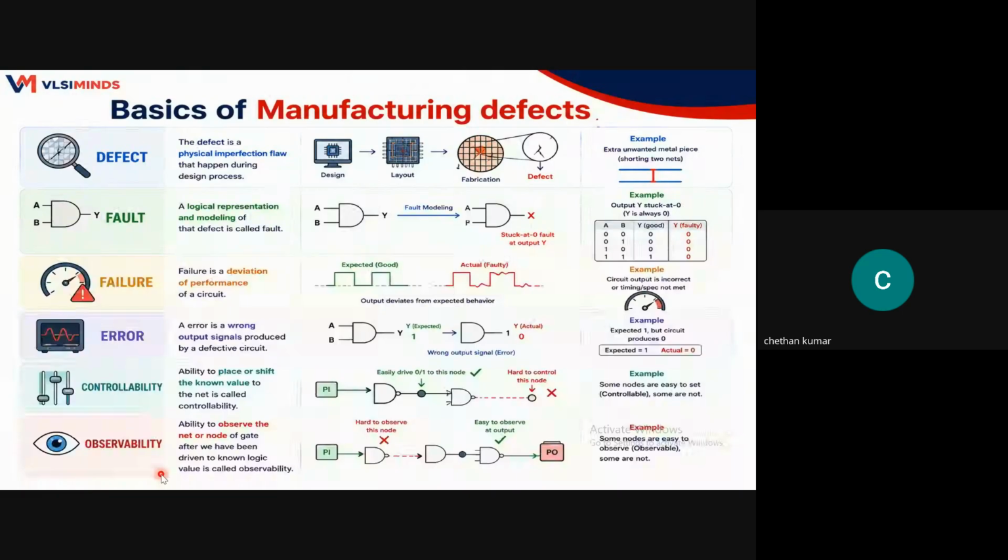What is meant by controllability? You all know that the chips or the designs are very complex. The internal nodes or the nets in the design are not possible to access directly from the primary inputs, correct? The primary inputs are nothing but where we are feeding the input, and primary outputs are nothing but where we are observing the output. It's not so easy.